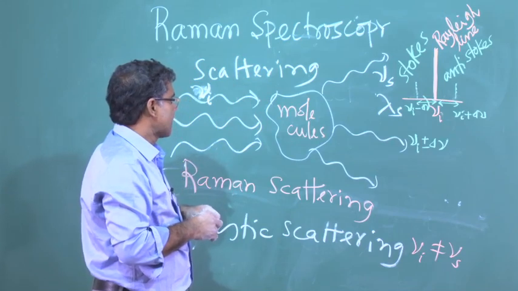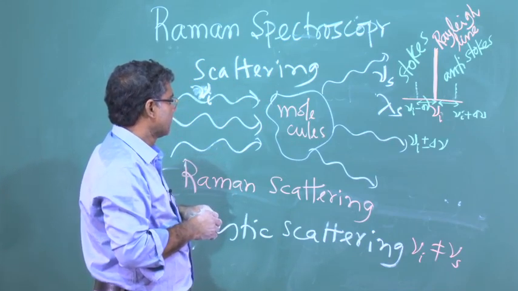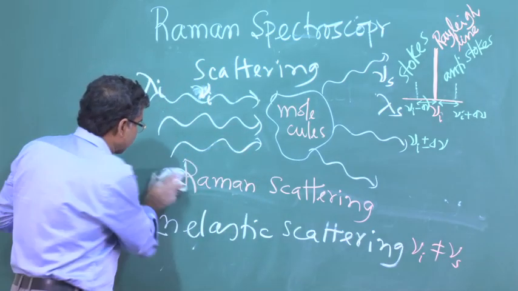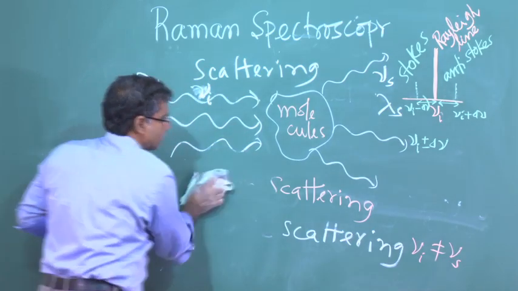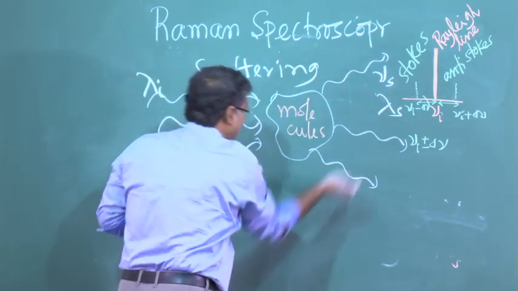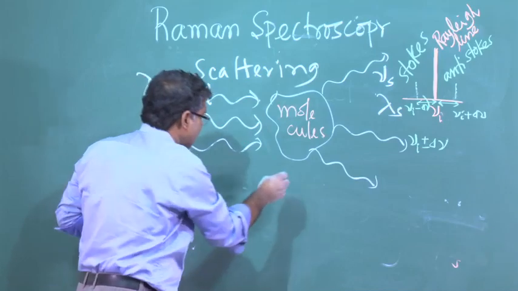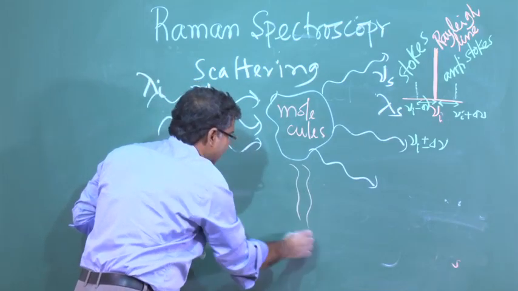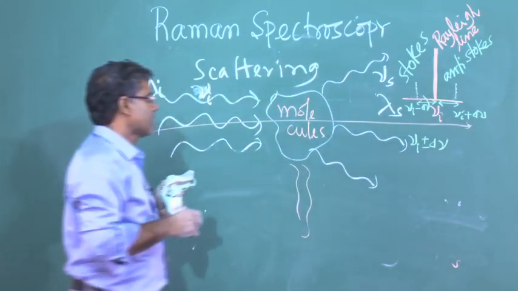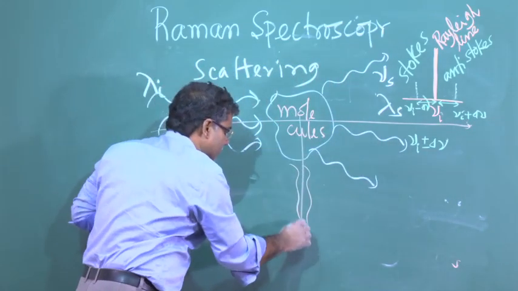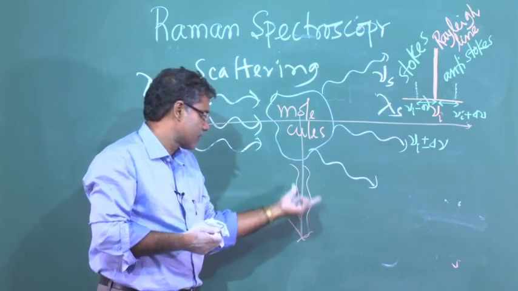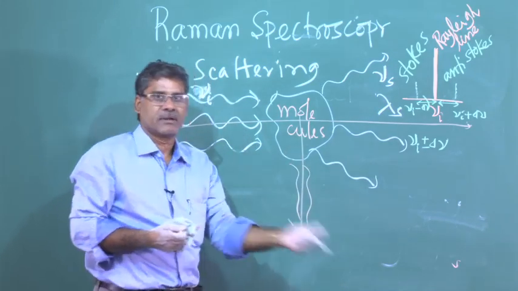The scattered light is studied in a spectrometer at 90 degrees. This is the incident direction of light, and at 90 degrees the spectrometer is set and the scattered light is collected.